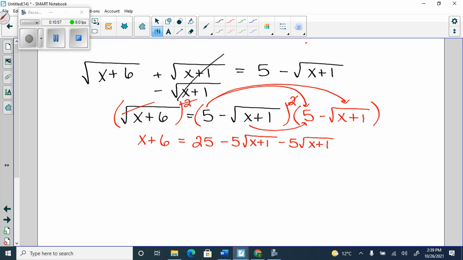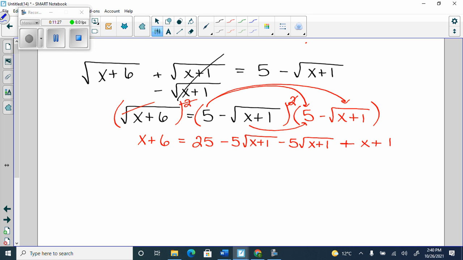Minus times a minus is a plus. Root x plus 1 times root x plus 1 turns into what? x plus 1, because when you square two roots that are the exact same, the square root sign goes away. You can put it in brackets, but I have a plus sign in front, so does that affect anything? No. If I had a minus sign, though, then it would distribute through. So I don't need to because it's a plus sign. I can just write it as x plus 1.